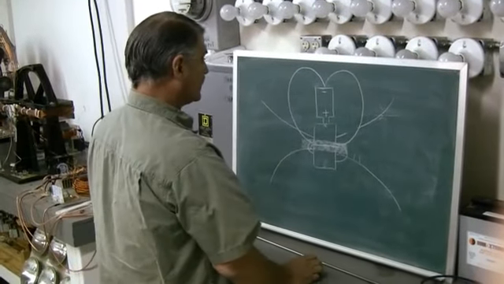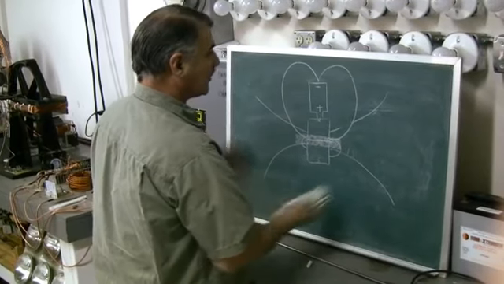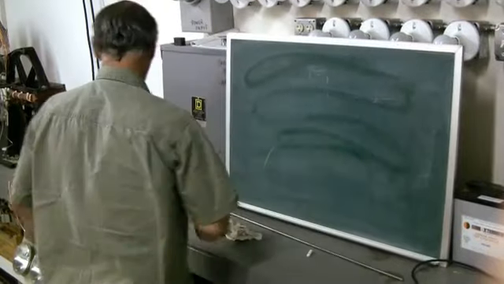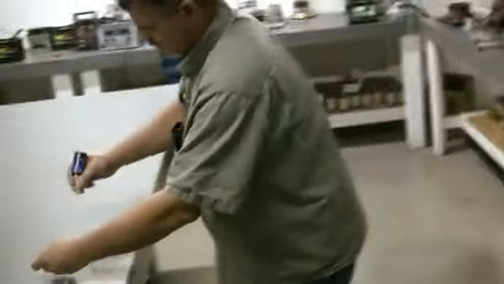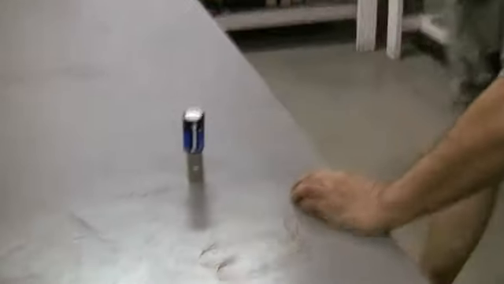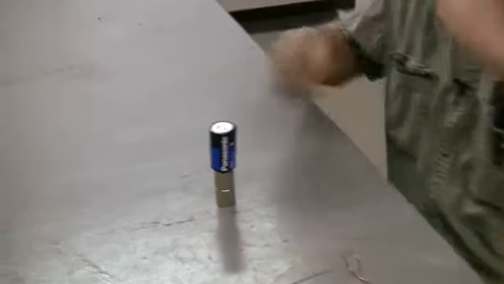So here, as an example now, I'm going to run one of these for you so you can look at it for yourself. Okay, so here's what we got. We got one copper rod. And you can see that this is the way I bent it.